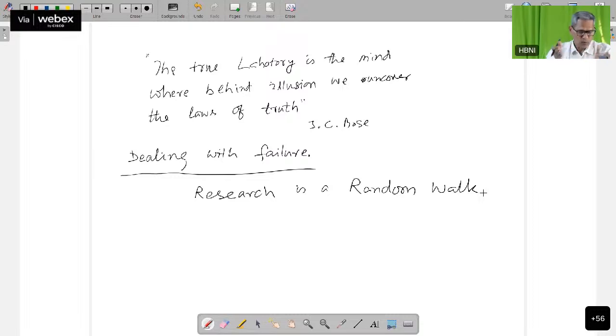Today I was talking to one of my colleagues. He told me that when he first joined his PhD, his guide asked him to read a particular book, and then come back. Then he read the book, went back and told him, okay, I read, but I could only understand 10% of it. And then the guide said, okay, don't worry.